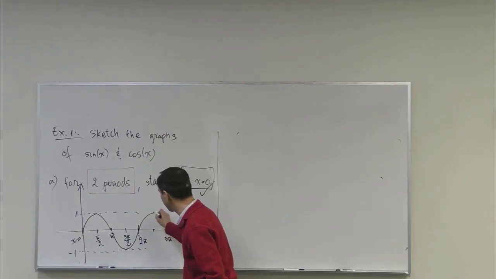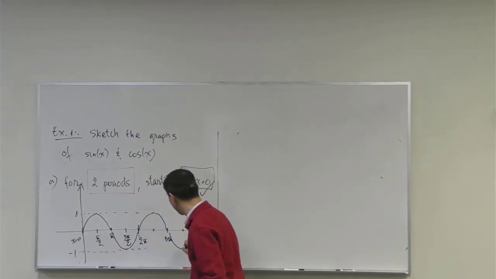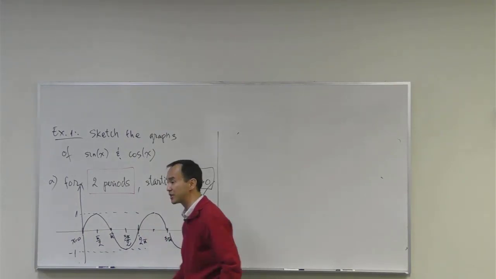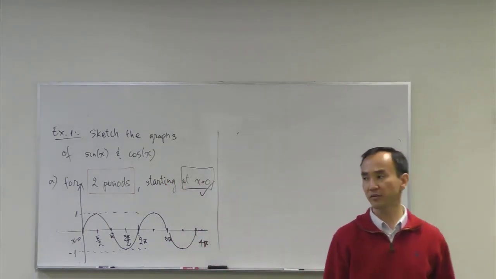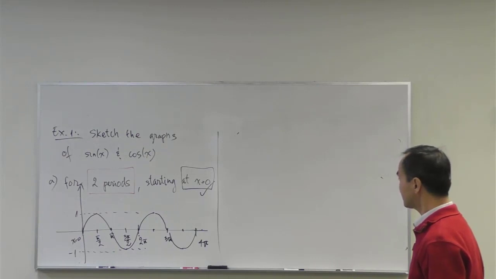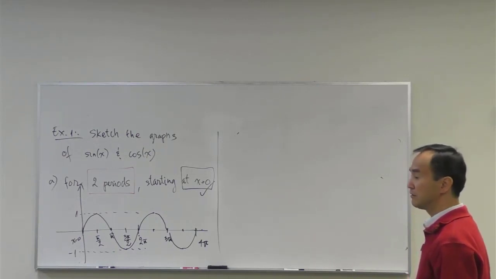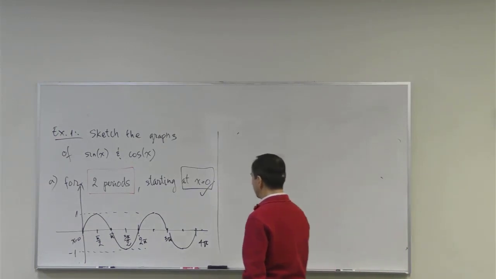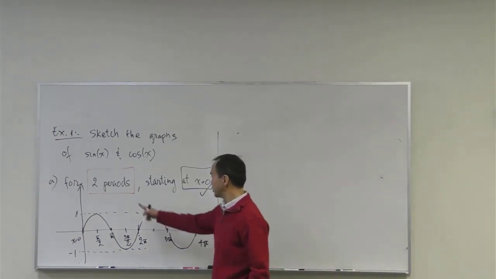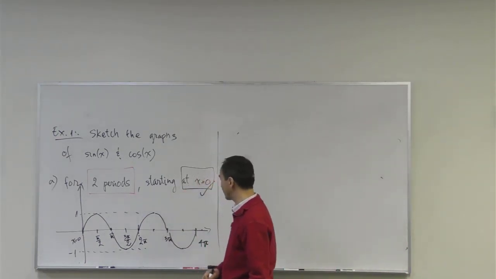So we swing up, we swing down, we swing down, and we swing back up to 0. You got that. Sine wave for 2 periods. Am I making sense? That's how we do this. We don't need the fancy graphing utility. And that's complete: 2 periods starting at x equals 0.